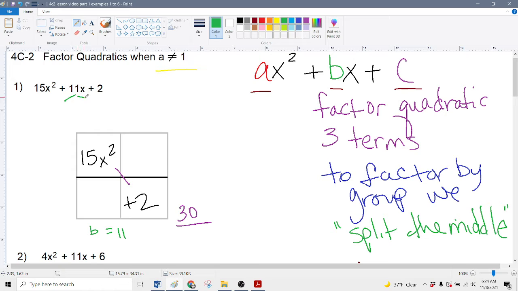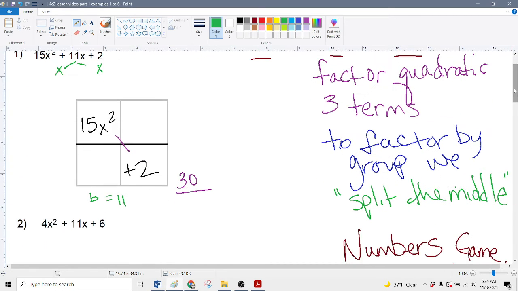Here's that middle term. We want to split it into 2 different x terms. Okay, they're both going to have an x, and we're going to try to figure out how we want to split that 11. Okay, the 2 terms we split to have to multiply to 30. So let's take a look at some of the factors of 30.